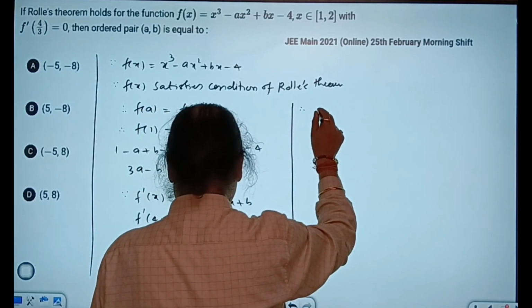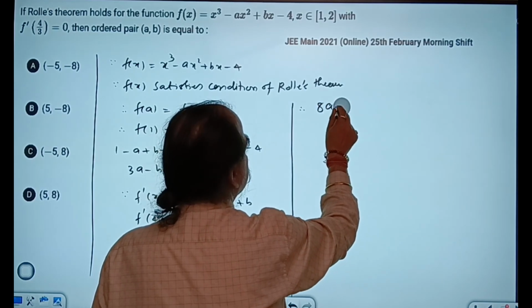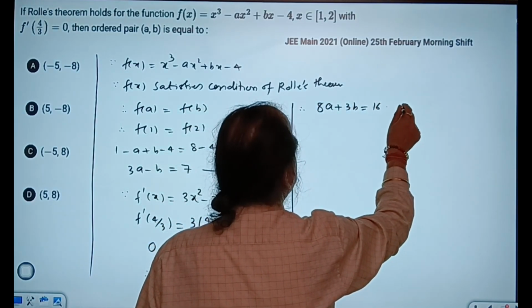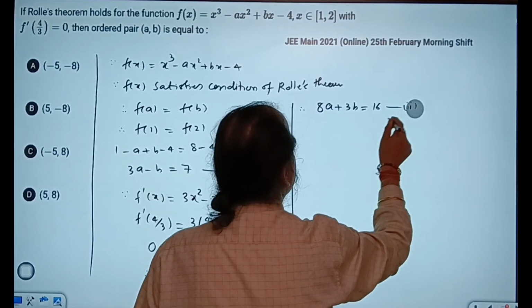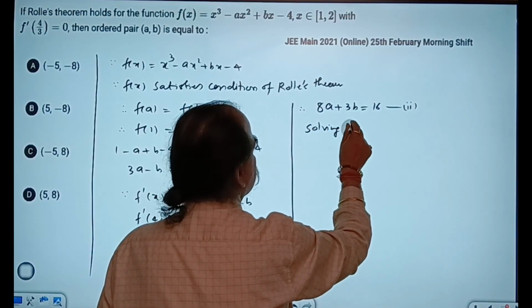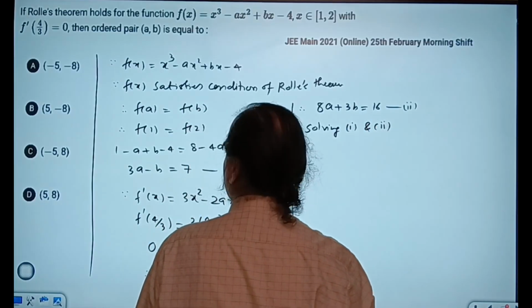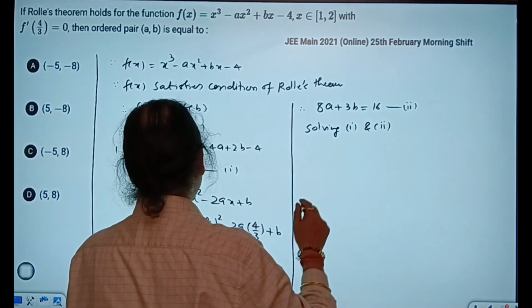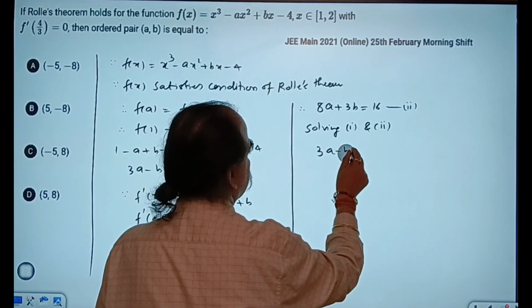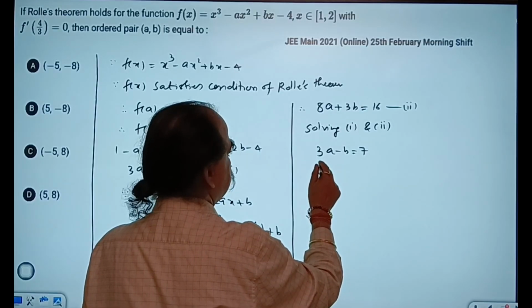Therefore, 8a minus 3b is what? 16. Solving 1 and 2. One is 3a minus b is 7, and 8a minus 3b is 16.